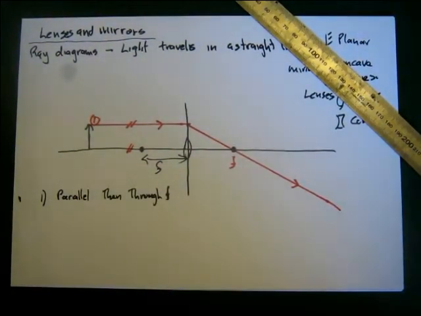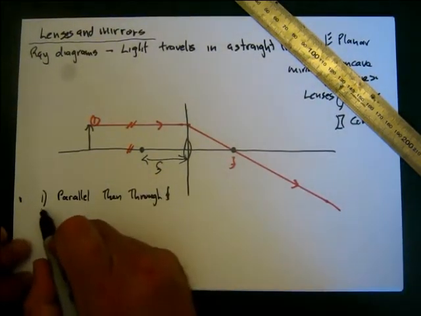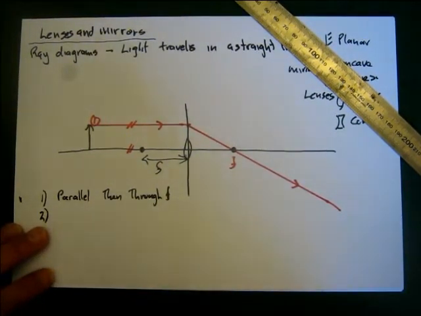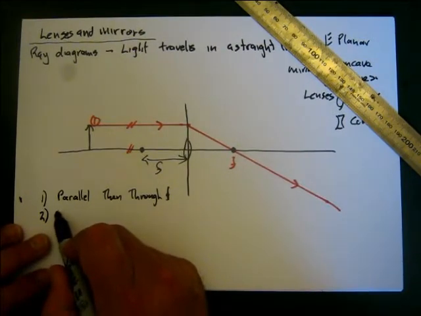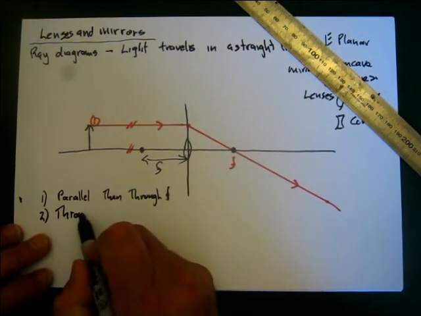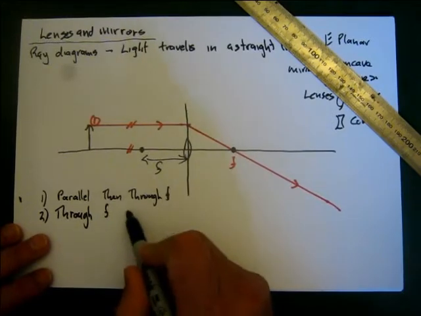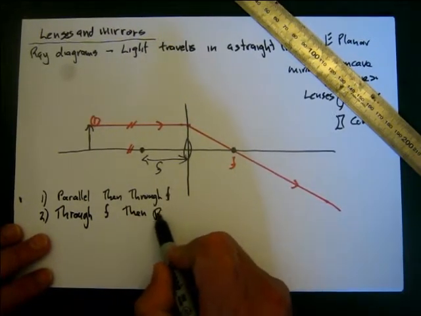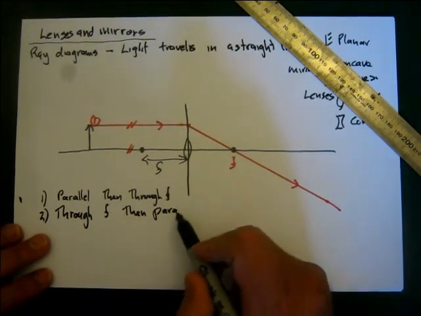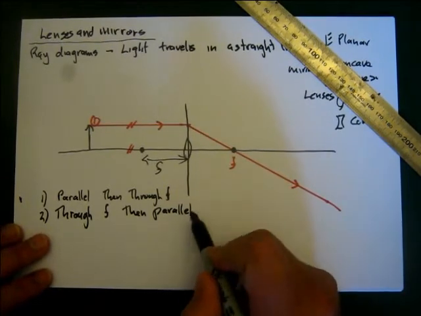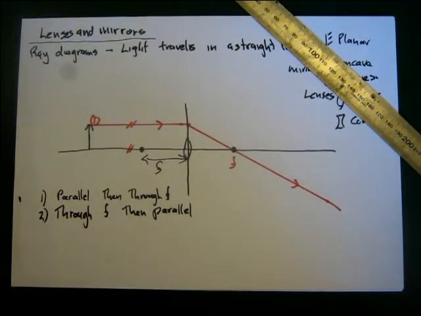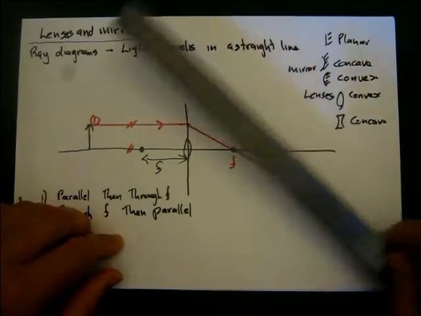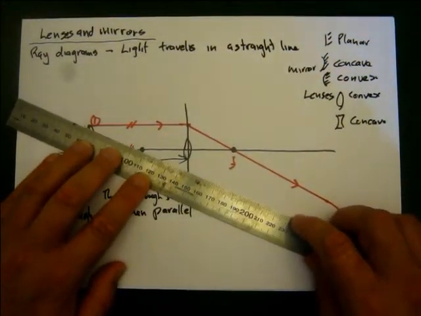Now line number 2 is through F, then parallel. The way we draw the line through F is we grab the ruler. Once you get it, this is a simple concept.